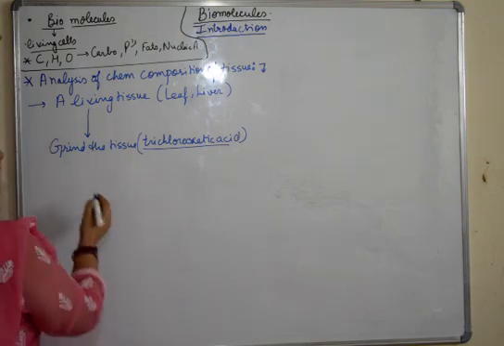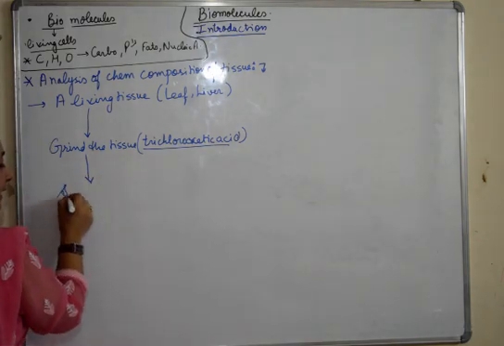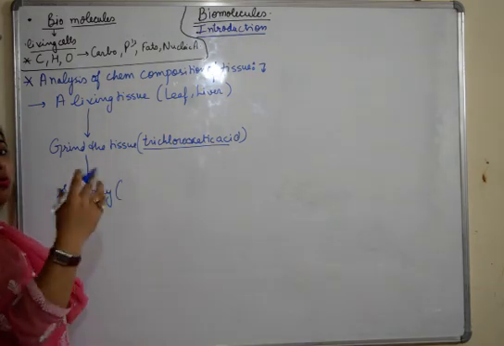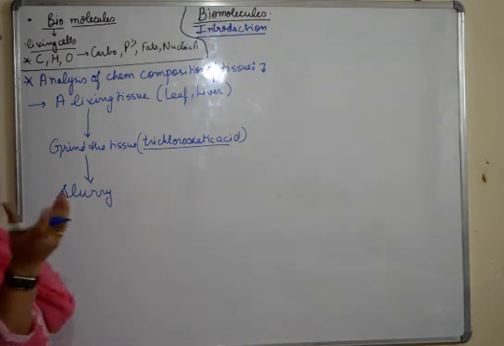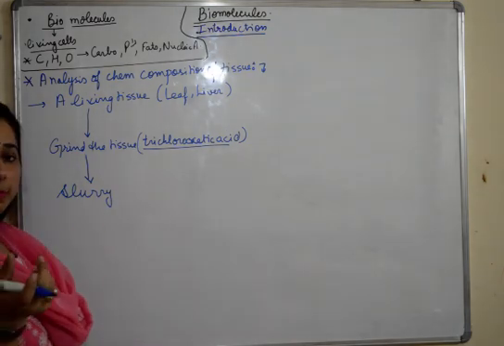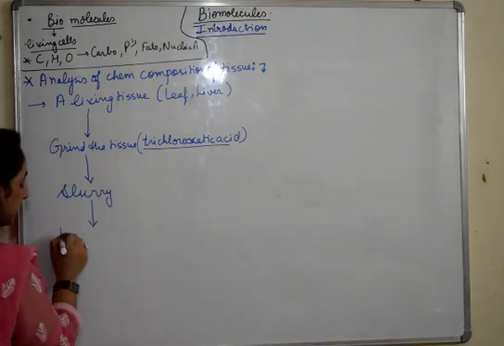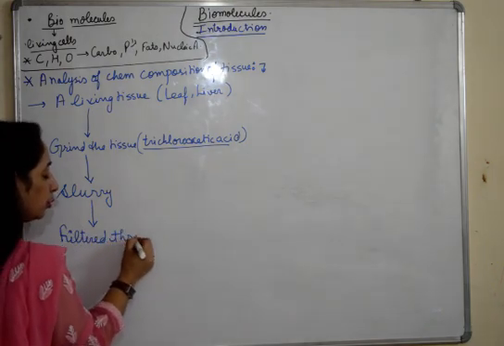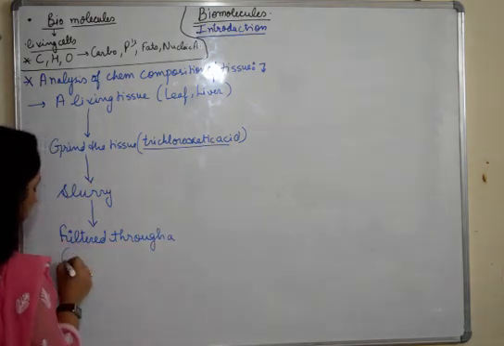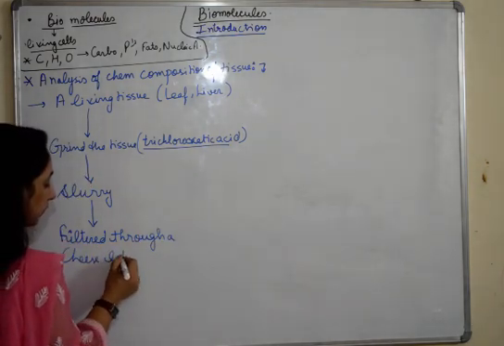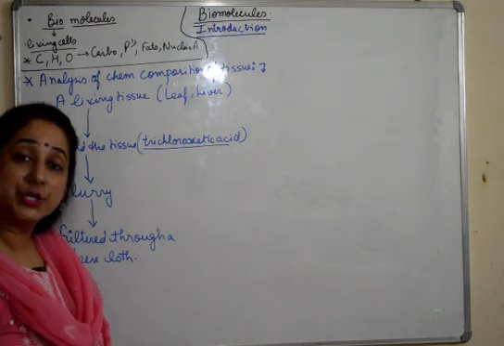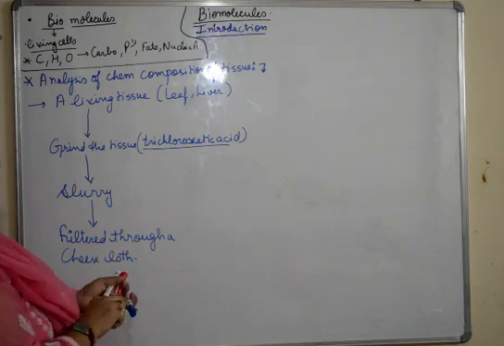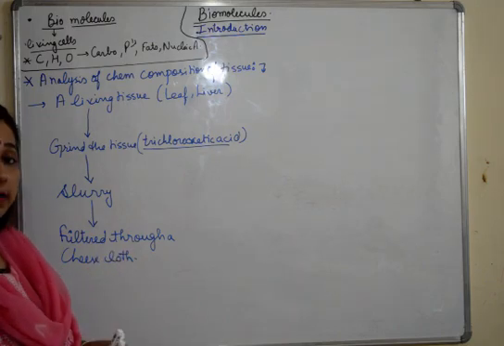Now we get a slurry, or you can say a ground tissue. This slurry is filtered through a cheesecloth. After filtration, what is going to happen as and when the process of filtration has taken place?